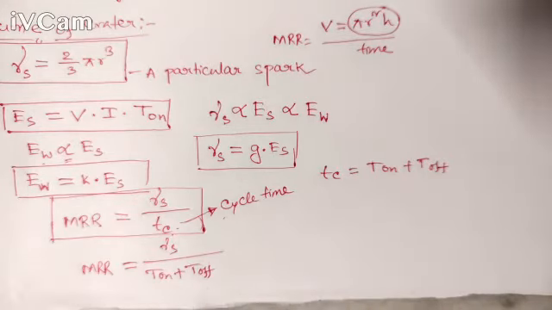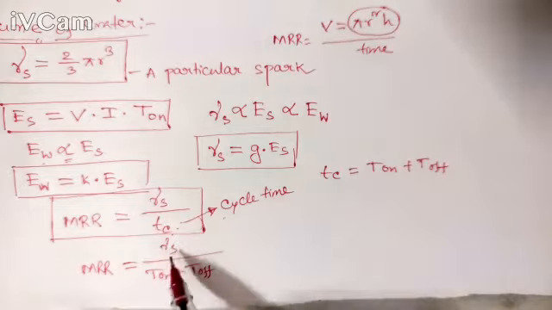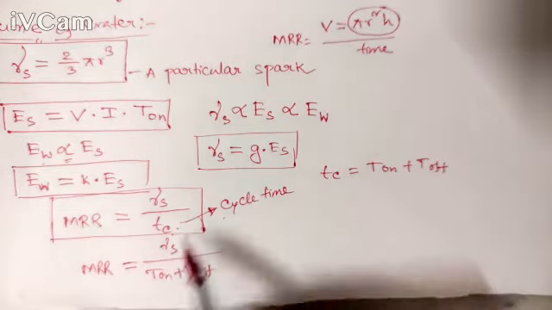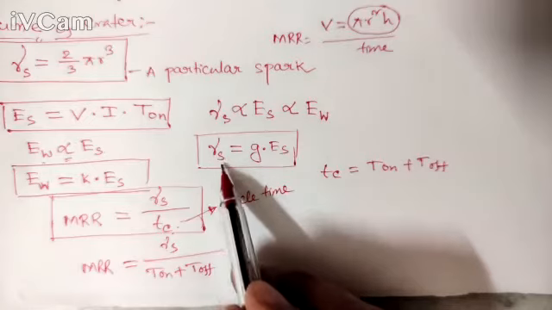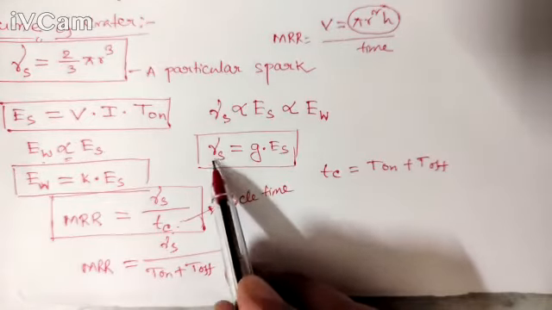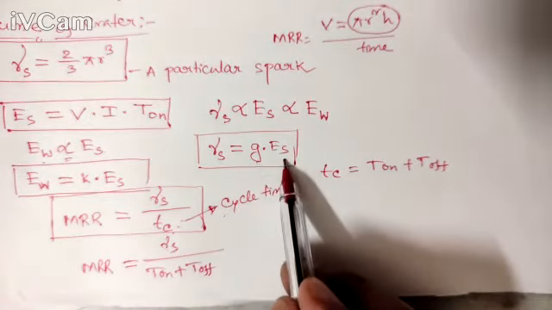Now in this formula, we are going to substitute some other values. Which other values? We have already computed the value of this, that means gamma s. Gamma s is equal to G into ES, yes or no?